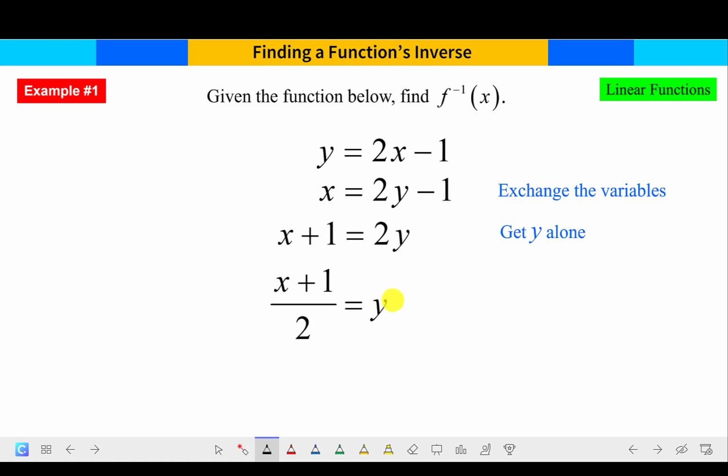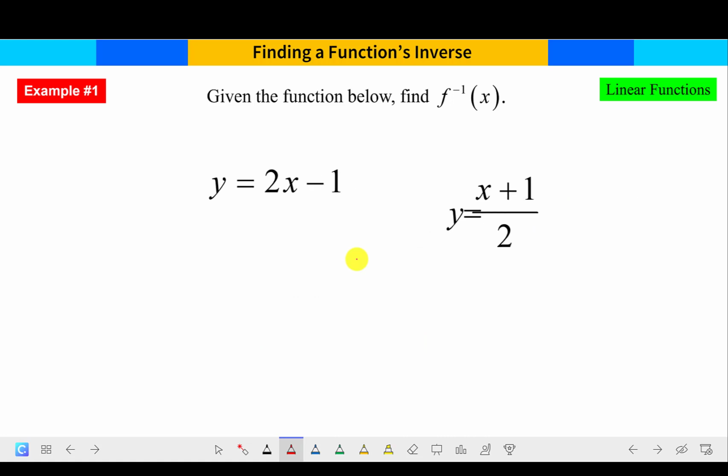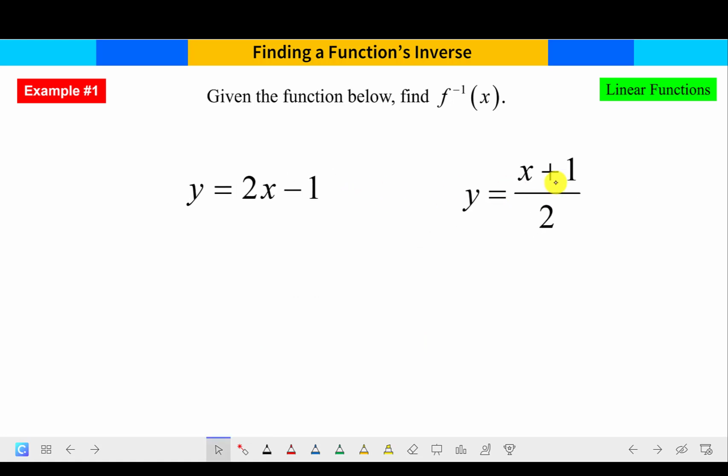Once y is alone, we now have our inverse function. Pretty simple. So these two are inverses of each other. If this is f of x, that would be f inverse of x.